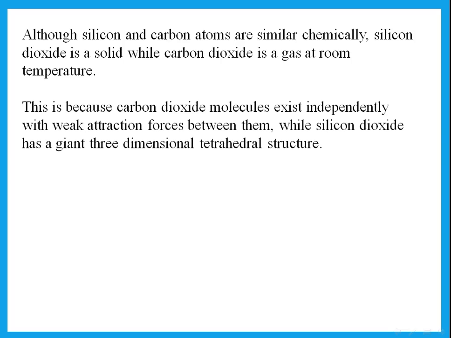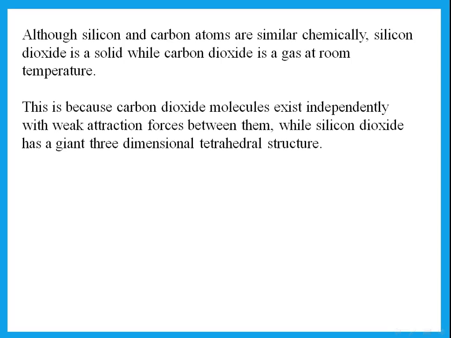Okay, if silicon and carbon are both in group 4, then they should have similar chemical properties. But actually, silicon dioxide is a solid while carbon dioxide is a gas. And why is that?